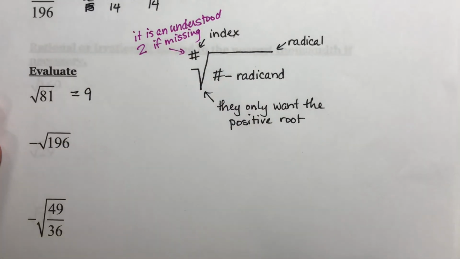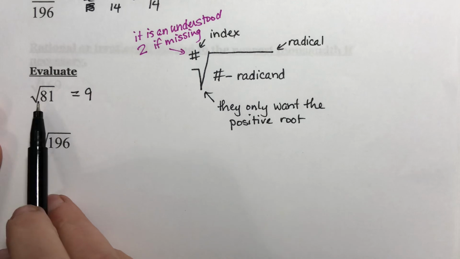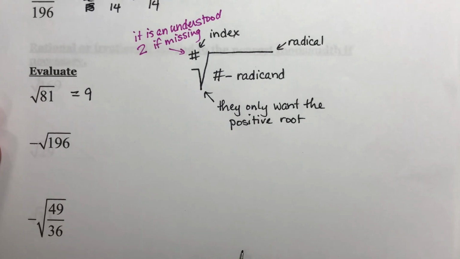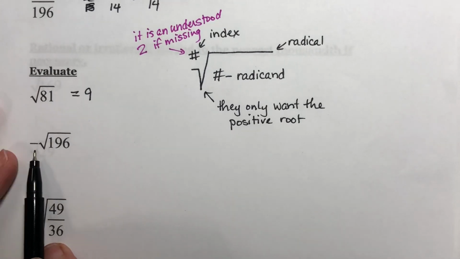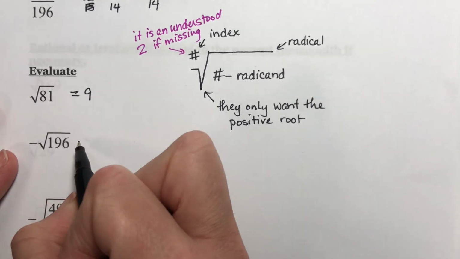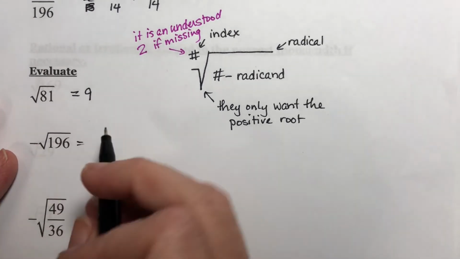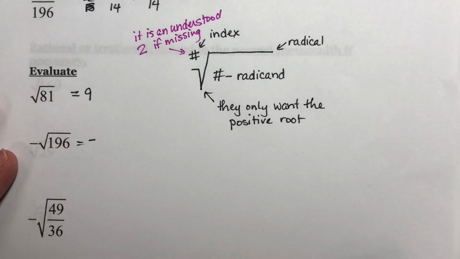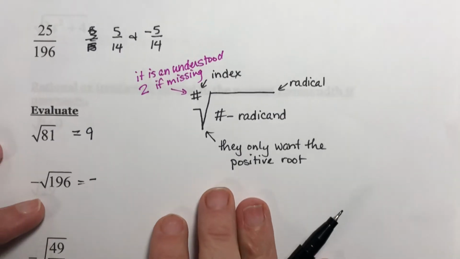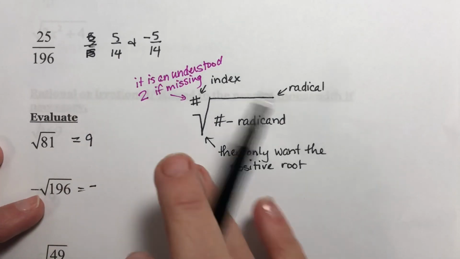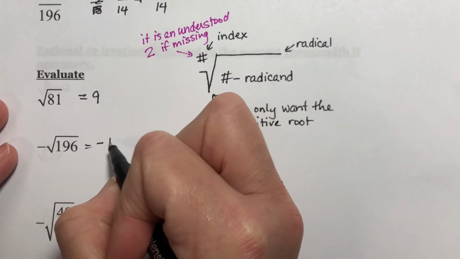Not 9 and negative 9, simply 9. And it has everything to do with the fact that they have that symbol. Now, if they do want the negative root, they'll put a negative sign in front of it. So this is negative square root 196, so it's negative. Then you take the square root of 196, we figured that out right here. We said it was 14. So this is negative 14.